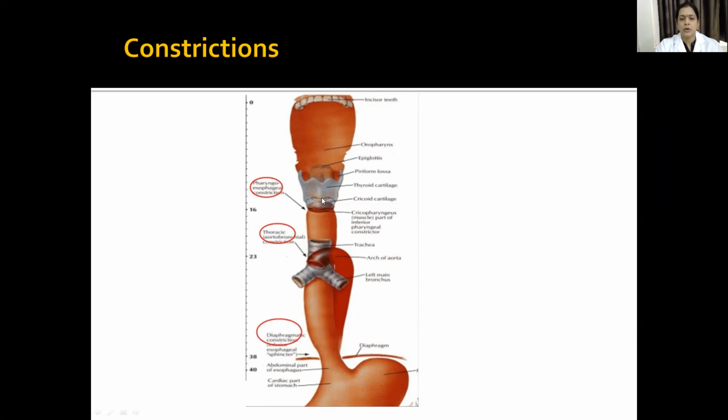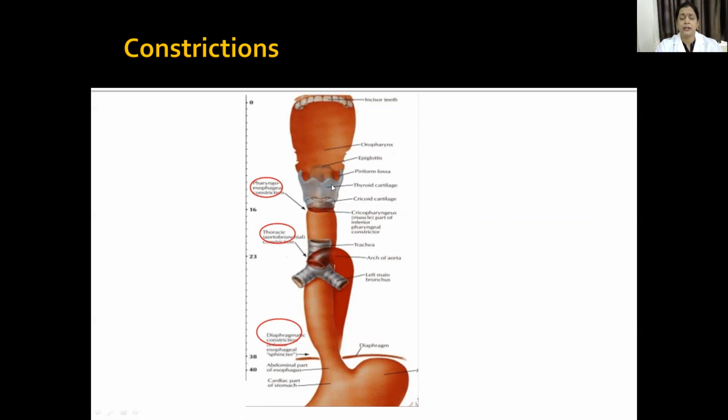These two are important because the lower esophageal sphincter prevents acid and food from going back into the esophagus. The upper one is important because it prevents air entry into the esophagus when we are taking food. These are the constrictions you need to know, because the physiological constrictions may be the potential site where, when you try to put a gastrostomy tube to look for any lesions in the esophagus, you will not be able to pass it through.